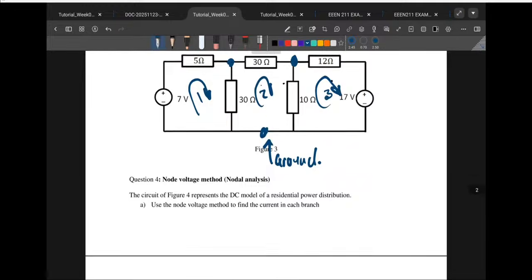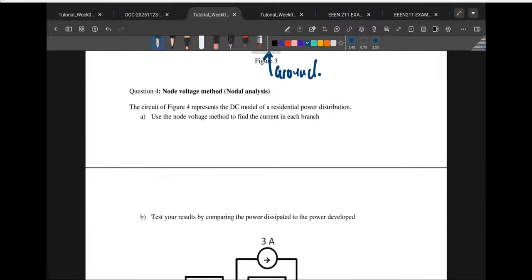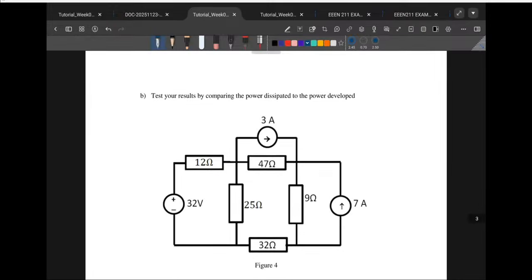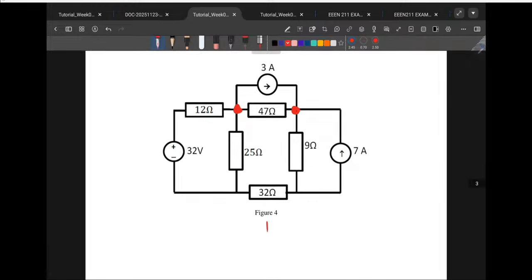Then we're going to have question 4, which is again nodal analysis. And as long as it's nodal analysis, does it ever change? No, it can't change. Look for your nodes in question number 4. Look for the node. 1, 2 more nodes. Now, since you're going to have another thing here, we should separate and have 2.